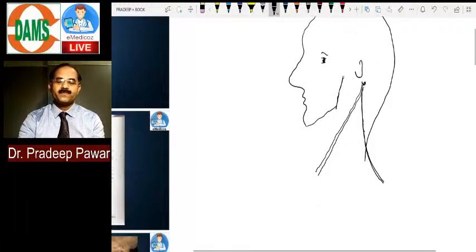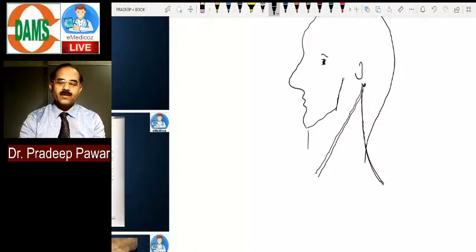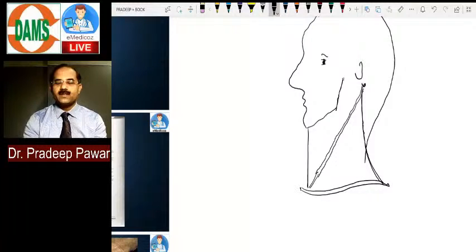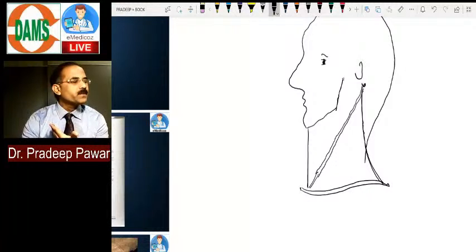This is the midline of the neck, and this is the clavicle.